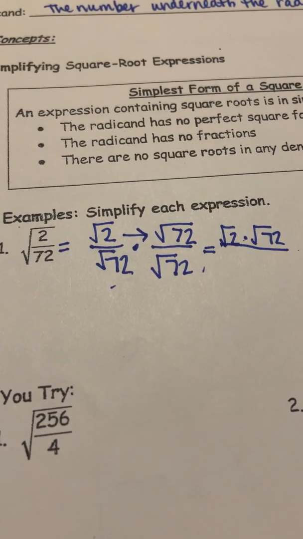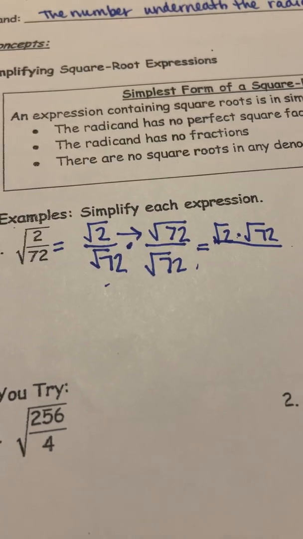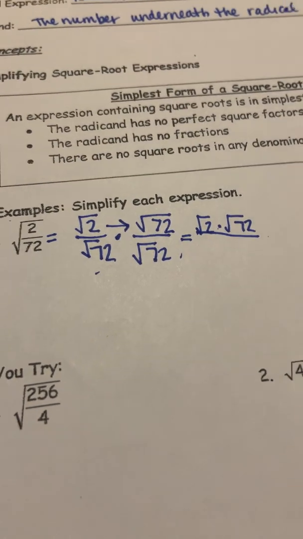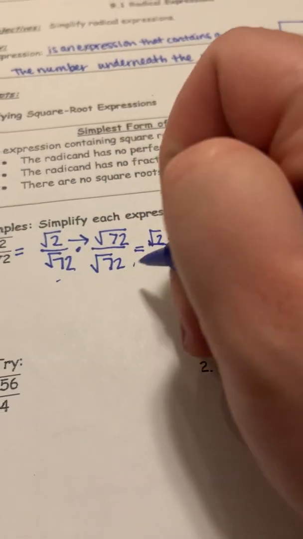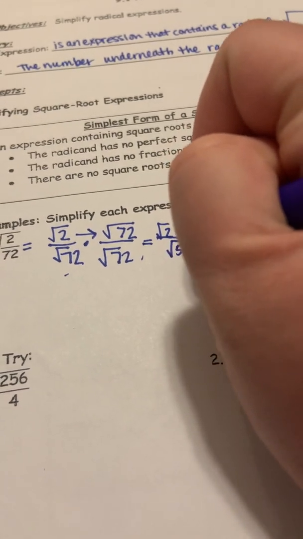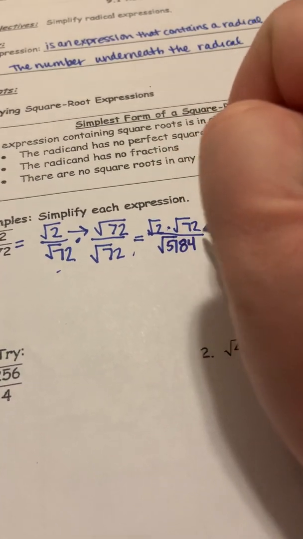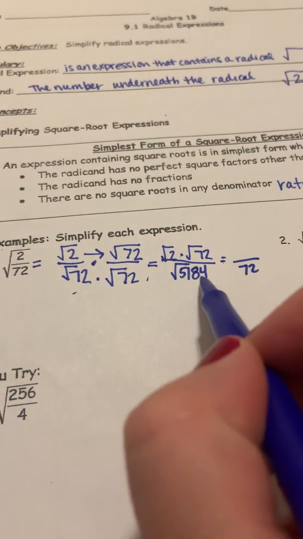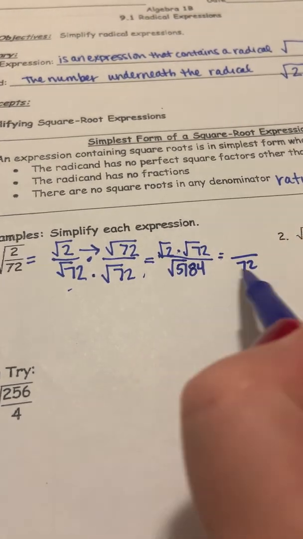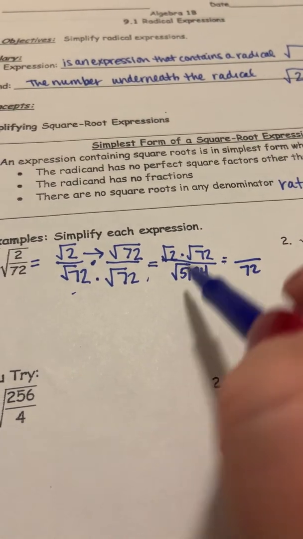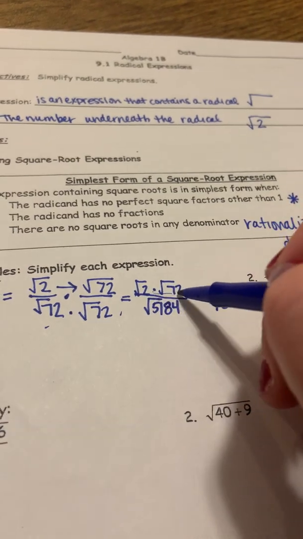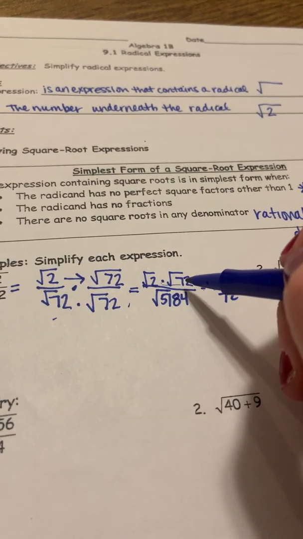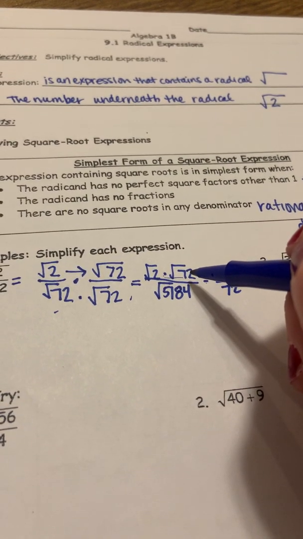If you don't want to take that square root of 5,184, which actually happens to be 72, you should know that anytime you have a square root times a square root and they have the exact same number, it's just going to be that radicand without the square root. On the top, we could also multiply these. It's not going to really give us what we need.